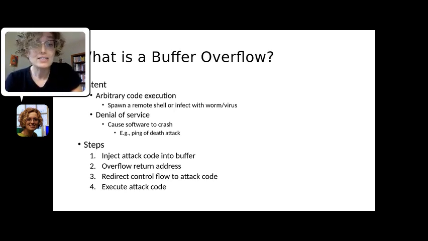A second thing that this arbitrary code could be is a malicious virus or a self-propagating virus, which we call a worm. That worm could infect other computers in the network, in the enterprise, and then create a botnet for a nice denial of service. Not nice, of course, ironically nice.